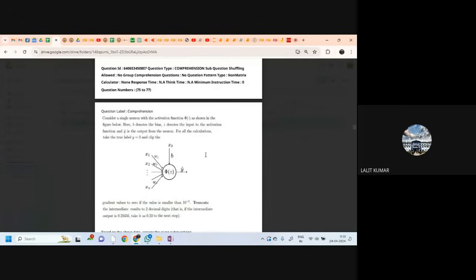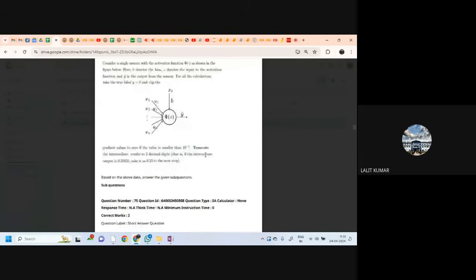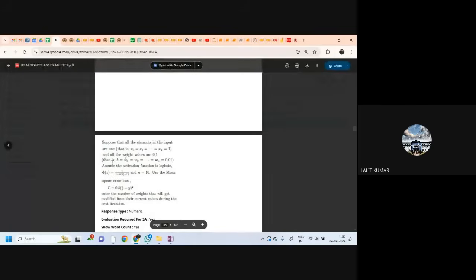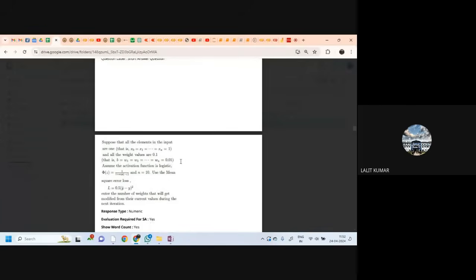Truncate the intermediate results to 2 decimal digits. Suppose that all the elements in the input are 1 and all the weight values are 0.1, and B is... ये क्या कंफ्यूजन है? B is equal to W1 is equal to W2 is equal to Wn is equal to 0.01. यहाँ पे सारे वैल्यूज को 0.01 कंसिडर करने बोले हैं.